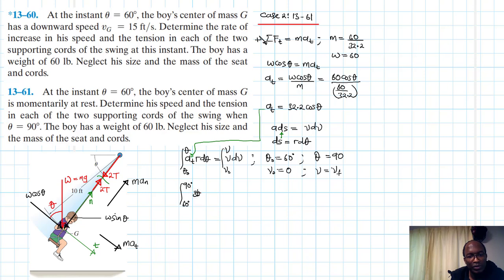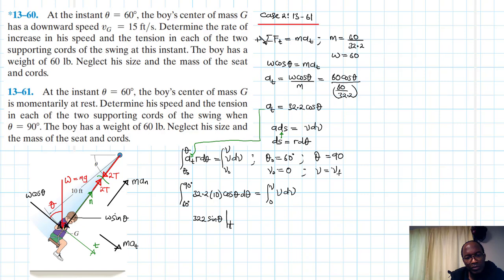We have a 32.2, I'll put a 10 there. Then there's a cos theta, then d theta. Then this is just equal to the integral from 0 to v of v dv. Working this, 32.2 by 10 just becomes 322 sine theta.